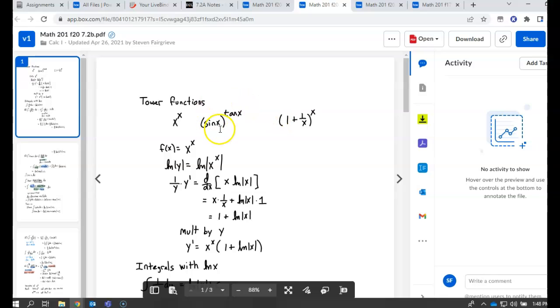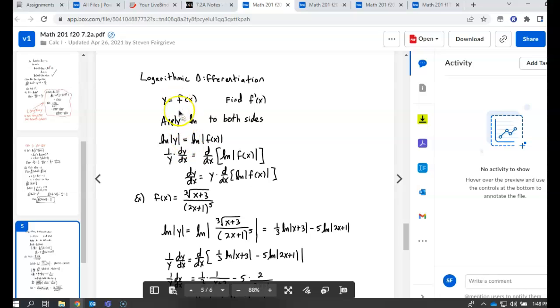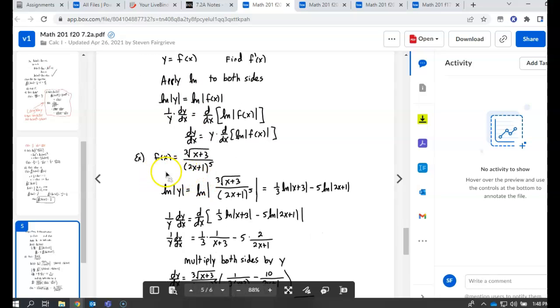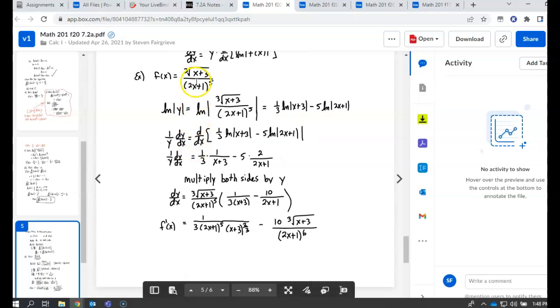So one of the other things we talked about with logs before I get into that was this process of log differentiation. That's applying a logarithm. So your option here is to do your quotient rule along with the chain rules for both parts, and that'll work. Or we can do what's called logarithmic differentiation.